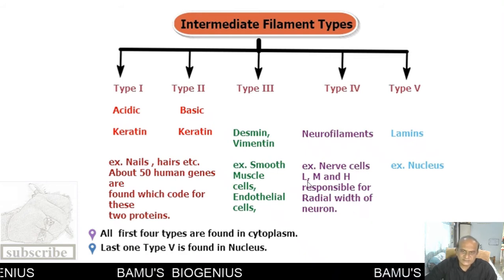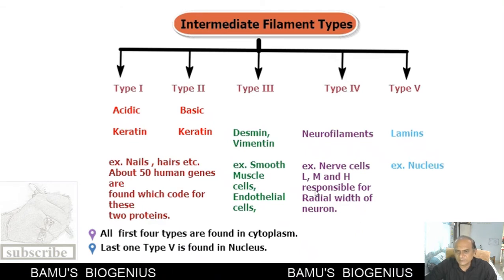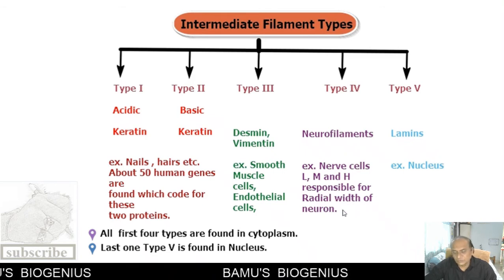And these light chains, medium chains or heavy chains are responsible for the width of that neuron. So the radial width of the neuron depends upon these particular types of intermediate proteins present inside the neural cells.